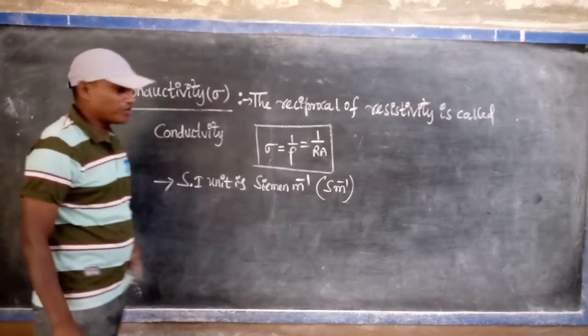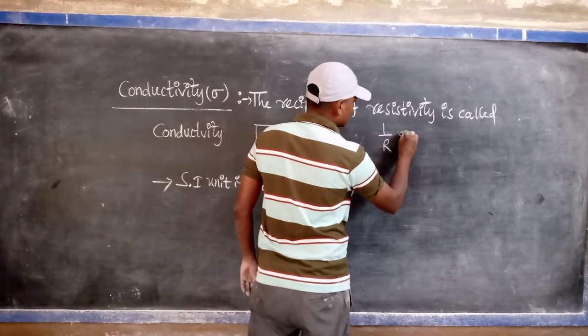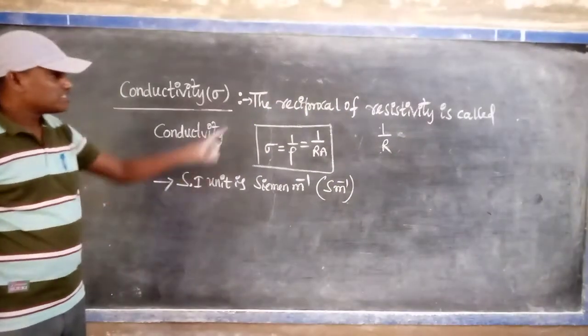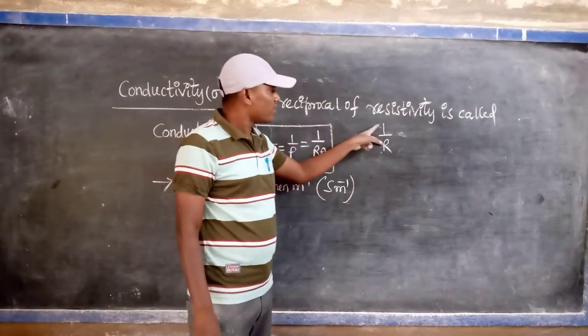Why? Because we know that 1 upon R is the reciprocal of resistance, called conductance. What is the unit of conductance?